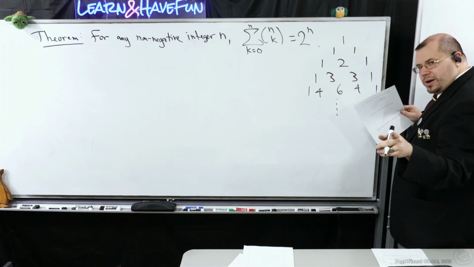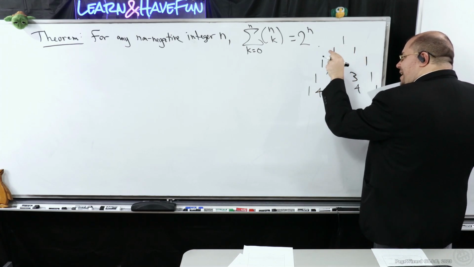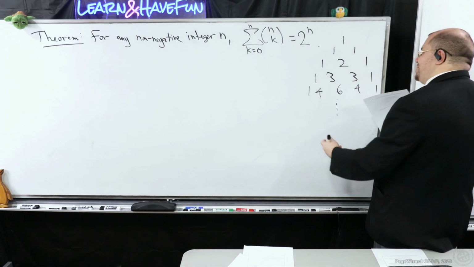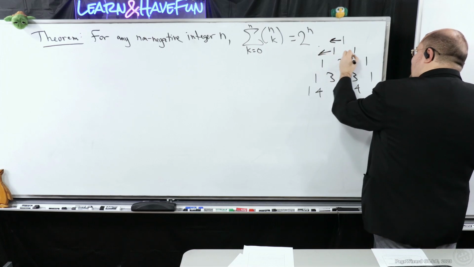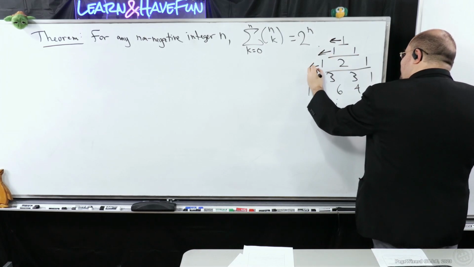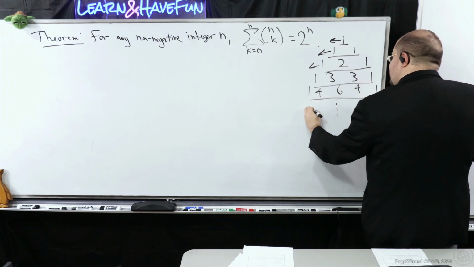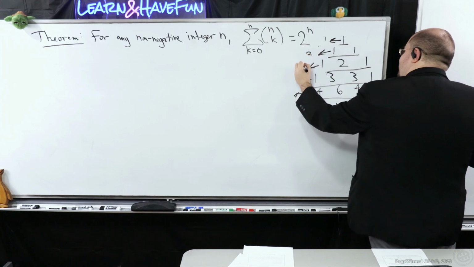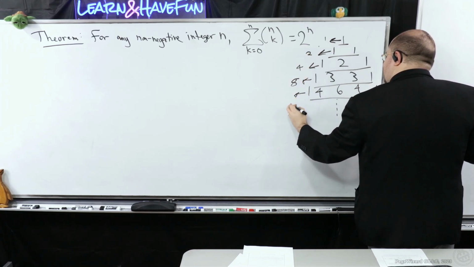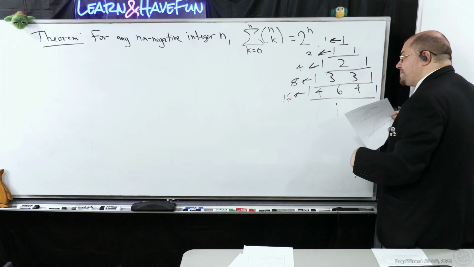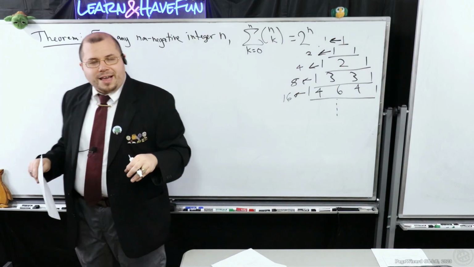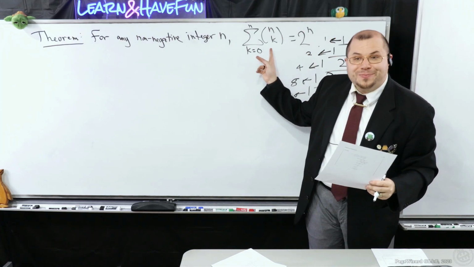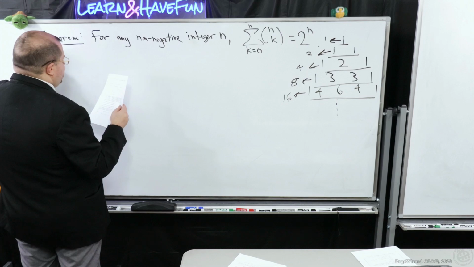My claim previously, which comes directly out of this theorem, was that if I sum up these numbers across the rows, each one's a power of 2. So I have 1, 2, 4, 8, 16, and so on. Why is that? Because each one of these rows is this sum. So let's prove it now.